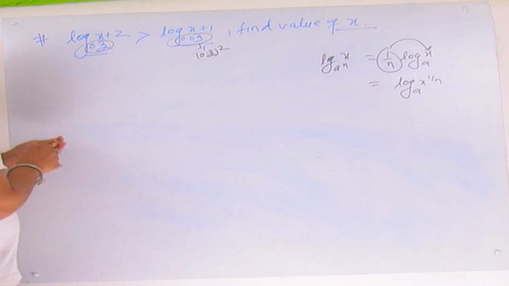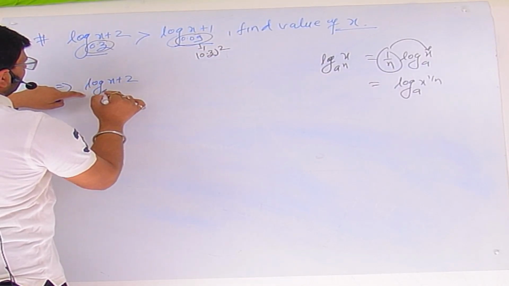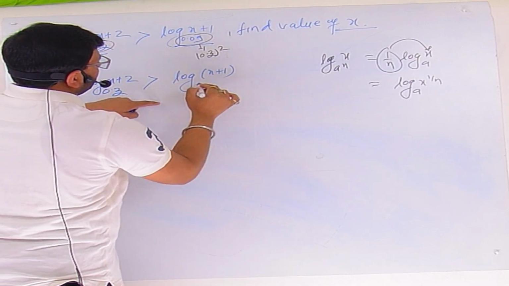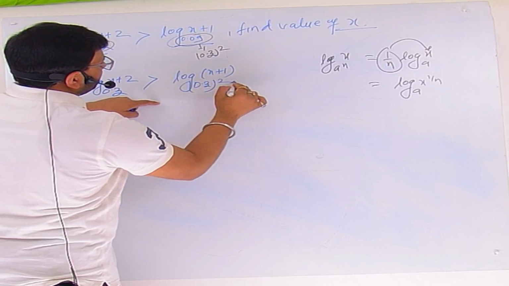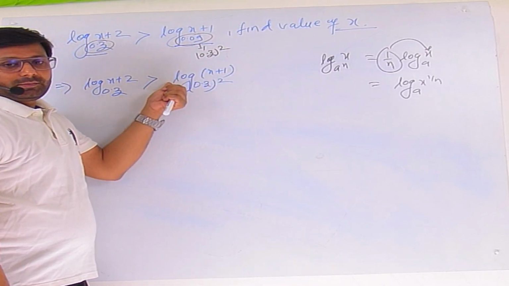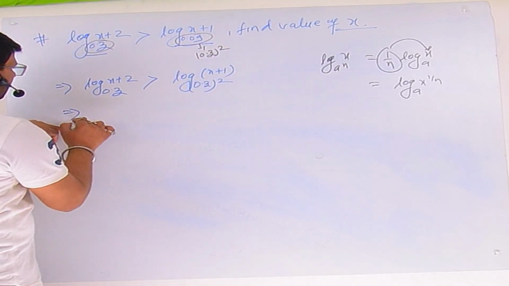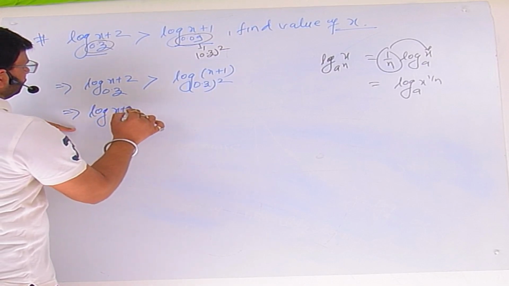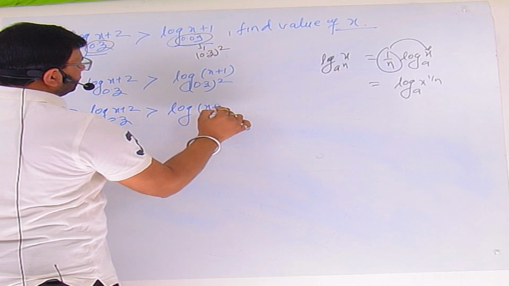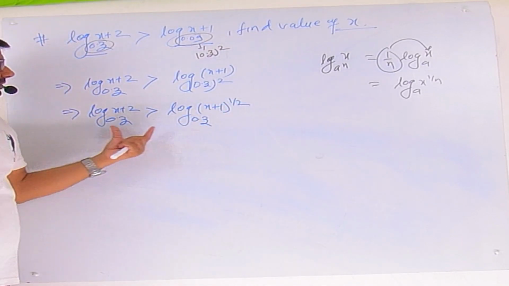Log of x plus 2 base 0.3 greater than log of x plus 1 base 0.3 whole square. So this 2 will come to this side, so log of x plus 2 base 0.3 greater than log of x plus 1 raised to the power 1 by 2 base 0.3. Now both sides base is same.